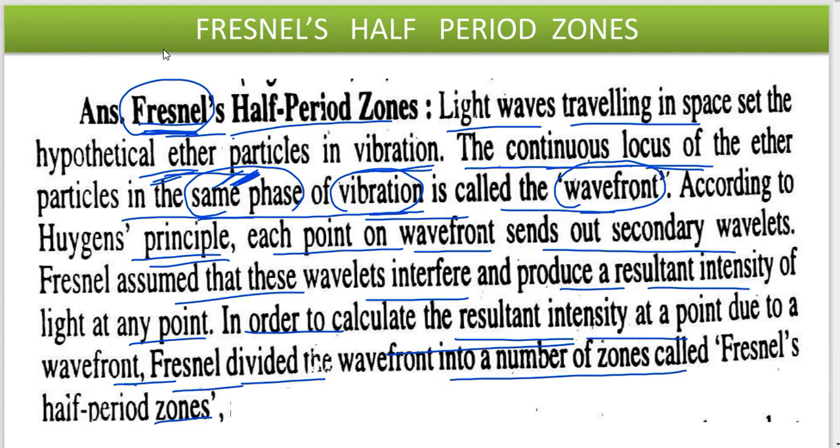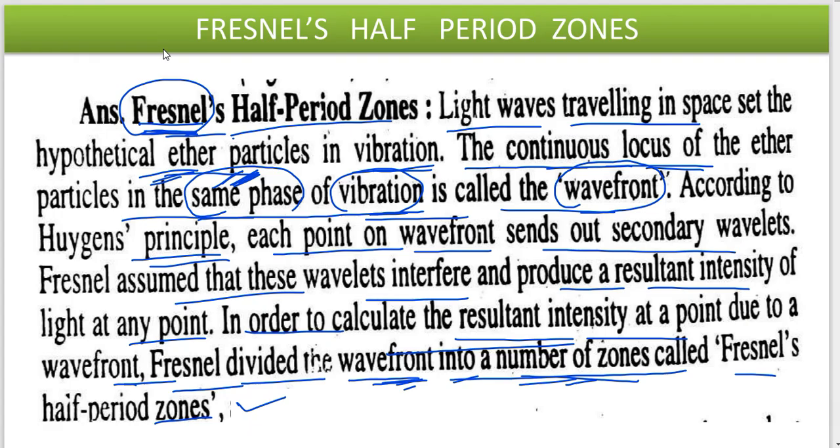Fresnel divided the total wavefront into a number of zones, and this type of zones are known as Fresnel half period zones.